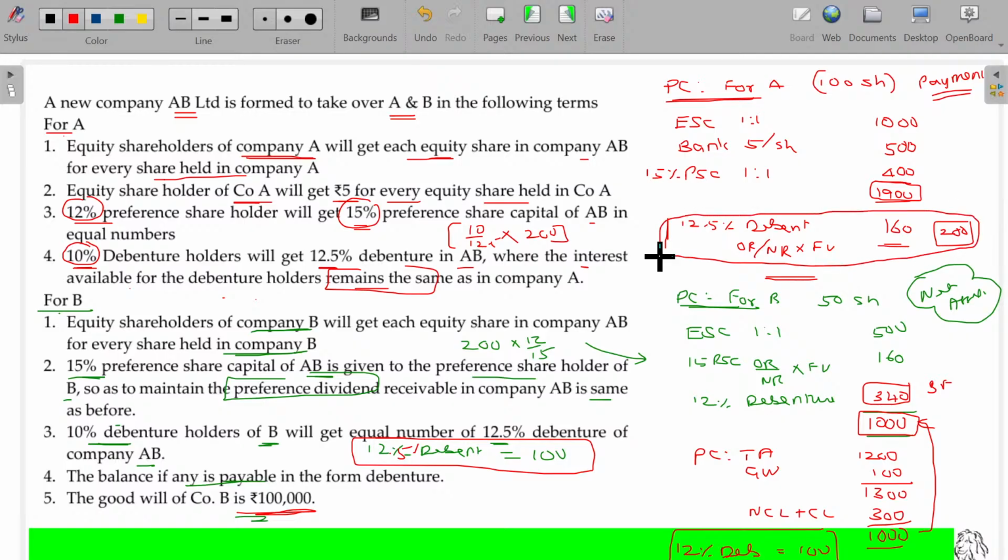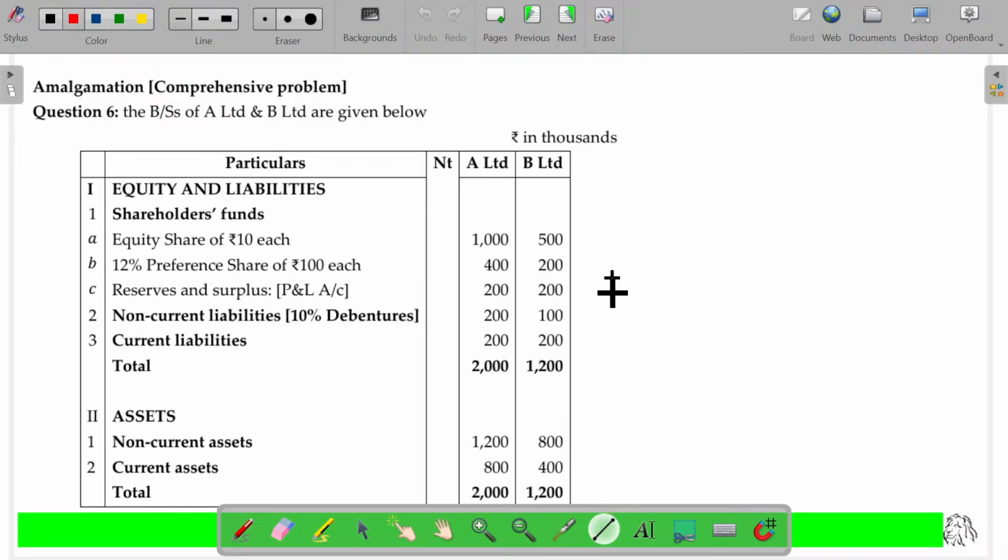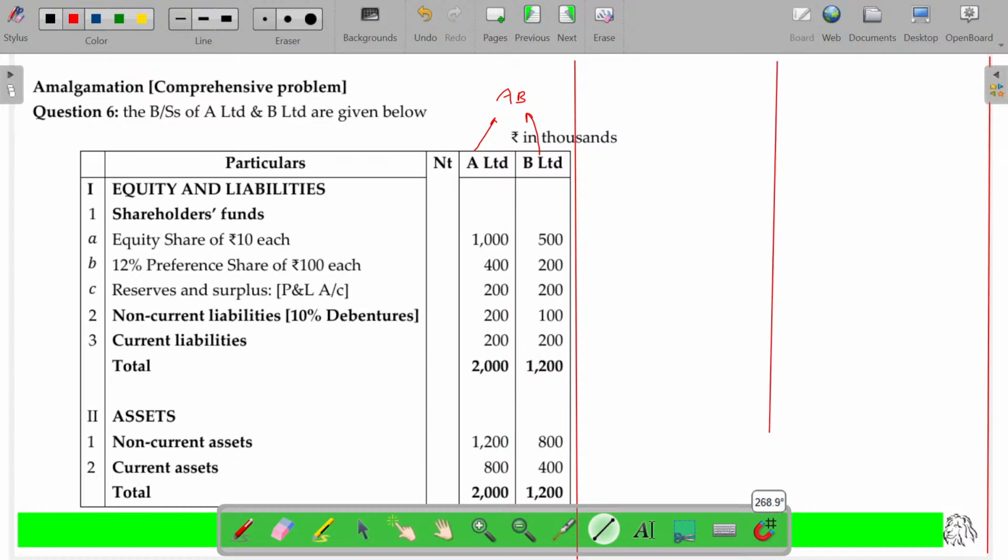Now we'll just close the books of accounts. Here we have been given preference shares also. As both the companies are closed and new company AB is formed to take over company A and B, I will prepare the ledger for closing these two companies, in columnar form.